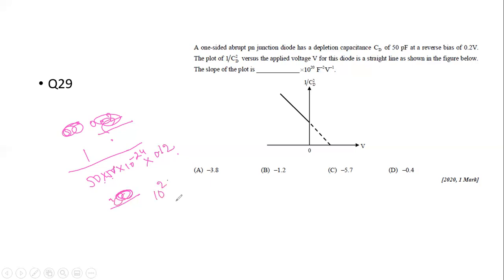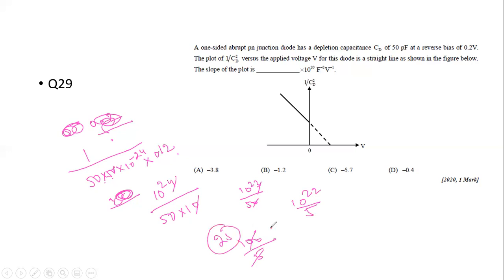10 to the power 24 divided by 50 into 10. This is 10 to the power 23 divided by 50, and this is 10 to the power 22 divided by 5, and you can write here 100 divided by 5, 25, into 10 to the power 20.